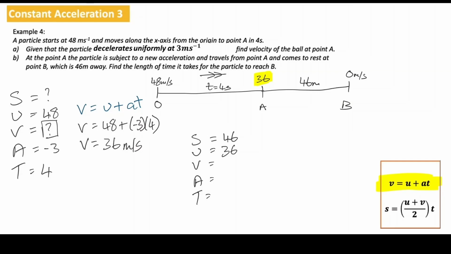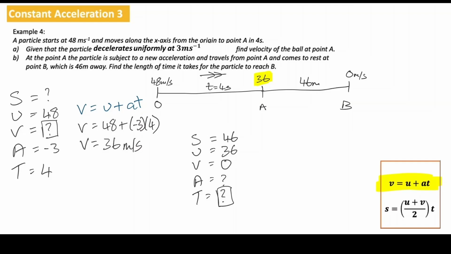Okay, so collecting the SUVAT variables for the journey segment A to B. We know the displacement to be 46, the initial velocity to be 36, the final velocity to be 0, and we have an unknown acceleration. We don't need to find it. We're just told in the question it's a new acceleration, so we can't use -3. But we're looking for the time that this journey segment is going to take.